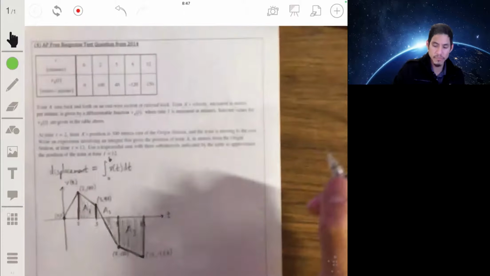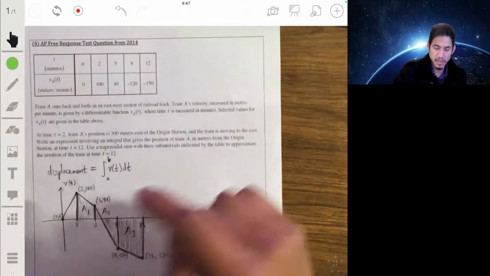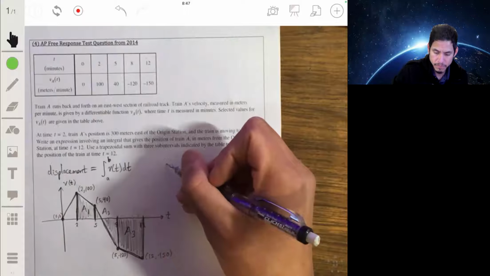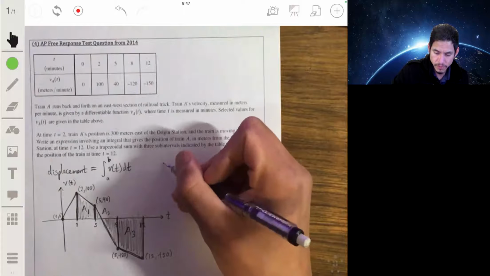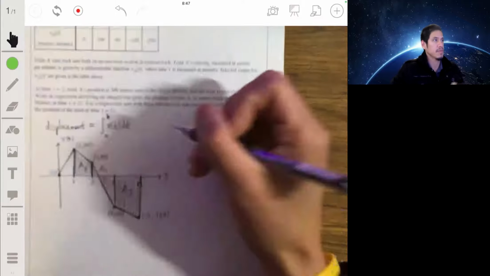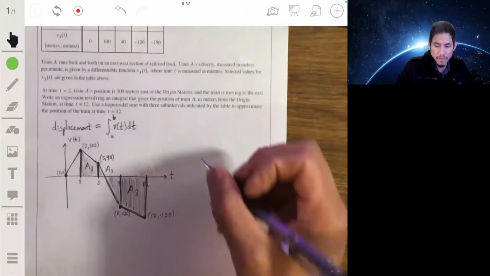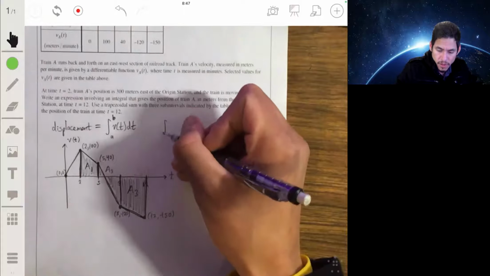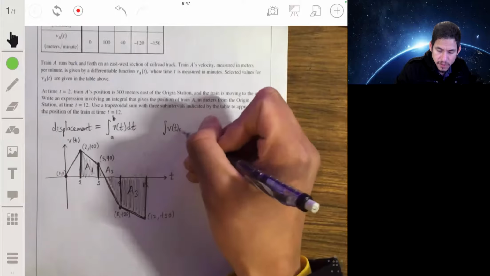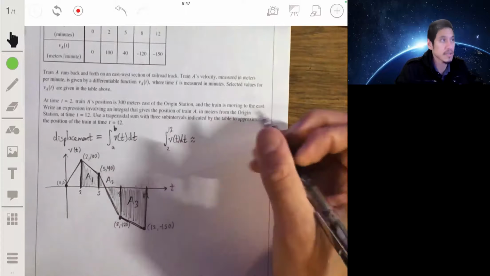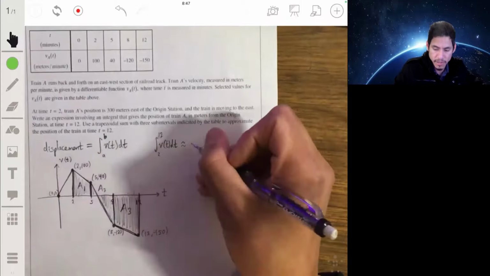So if you want to figure out the integral of velocity, let me do this up here. The integral of this velocity function from 2 to 12 will be approximately equal to A1 plus A2 plus A3.